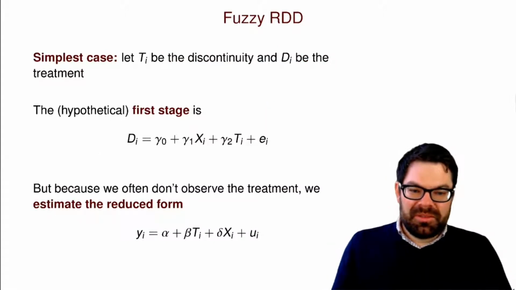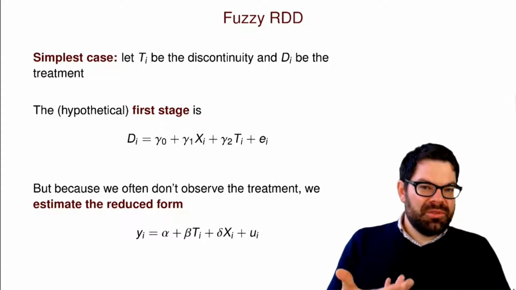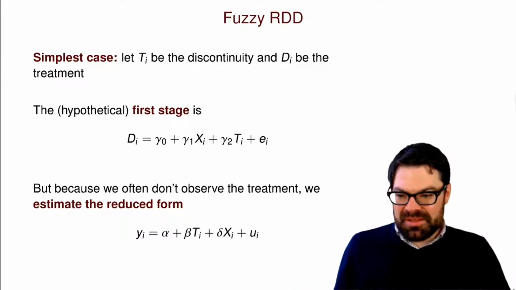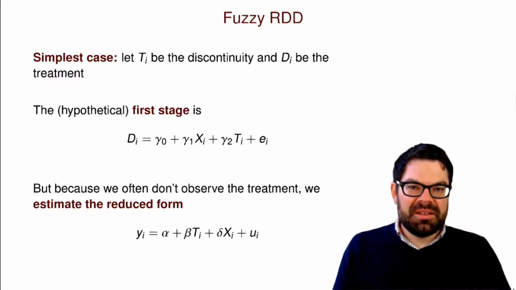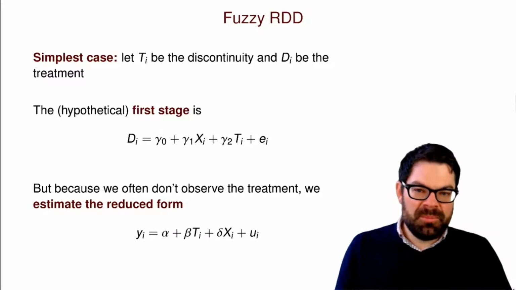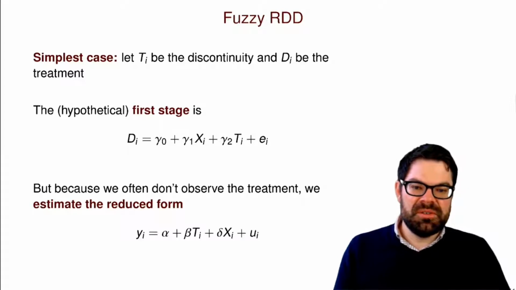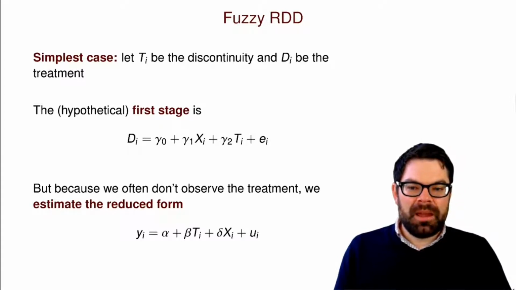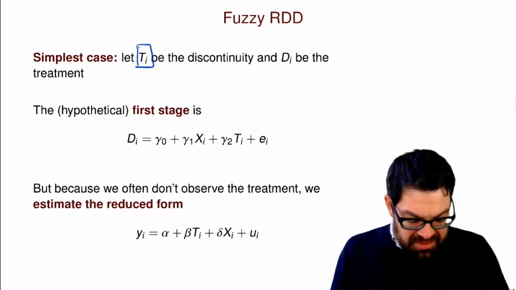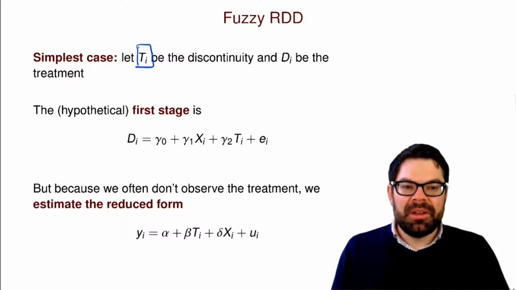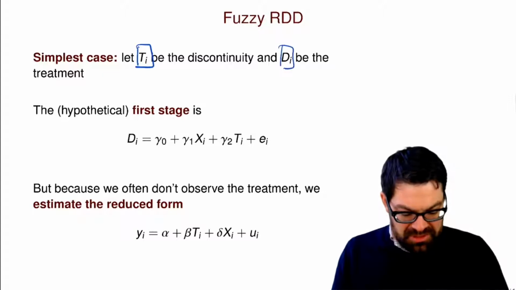The way we estimate the treatment effect in a fuzzy regression discontinuity design is shown here, where T is the discontinuity indicator and D is the treatment.